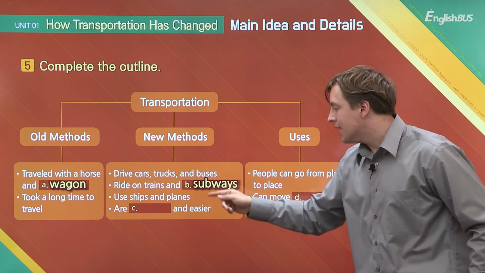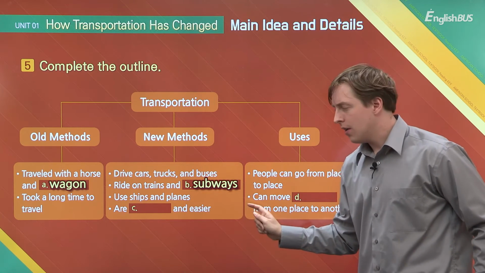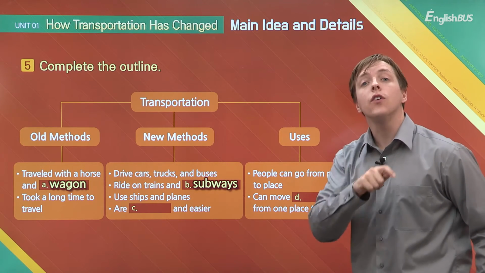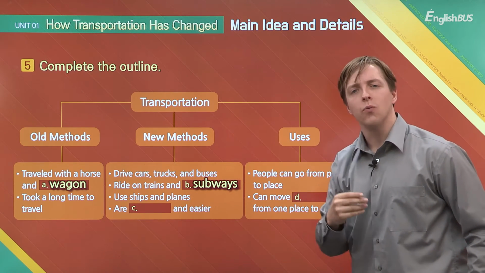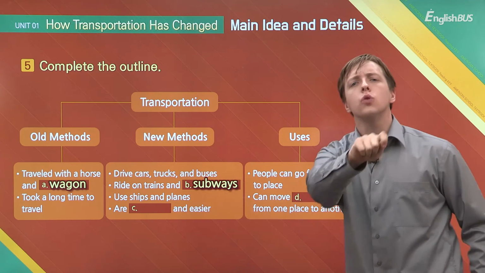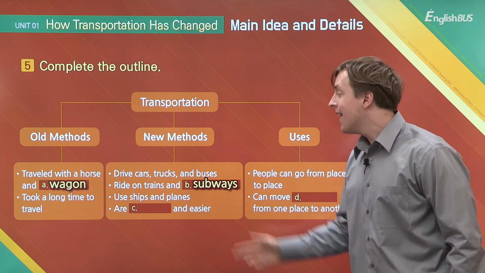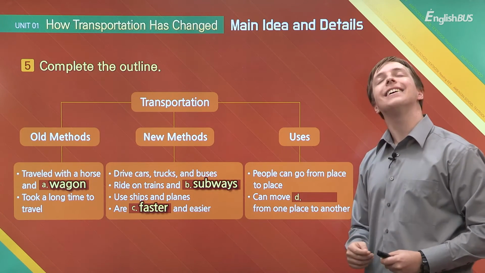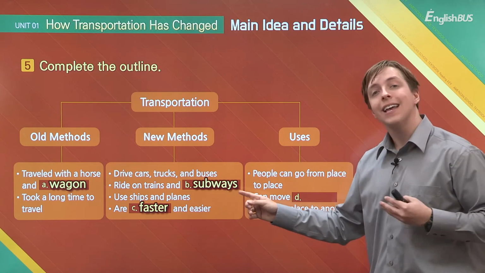Now all of these, they are and easier. So what word should we write in here? I'll give you a hint. It's an adjective, a describing word. What word should we write in here? Nice work. These new methods are faster and easier. They're more fast and more easy.